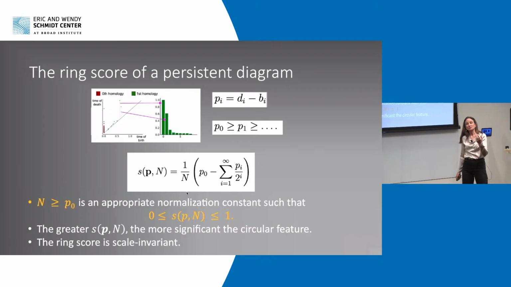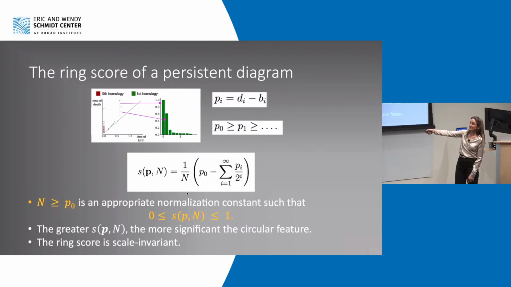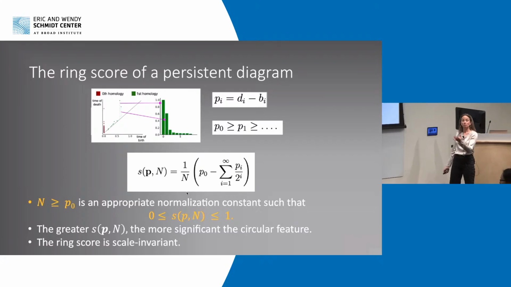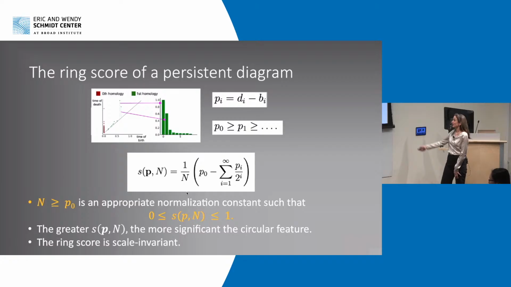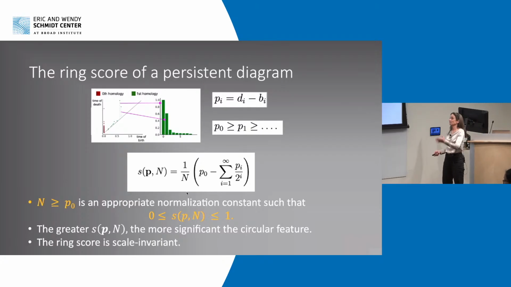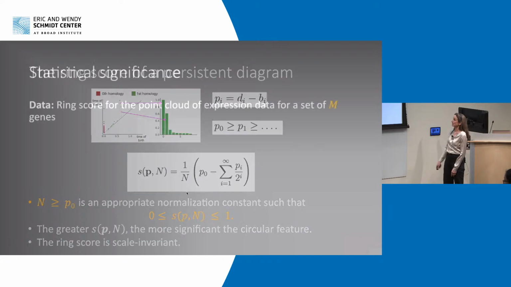You could also choose, instead of looking at death minus birth, you could take d_i divided by b_i. Looking at what's called persistence ratio is another interesting thing to look at. But here we'll consider just these differences. So using these ring scores can tell us how significant the circular feature that we've detected is.